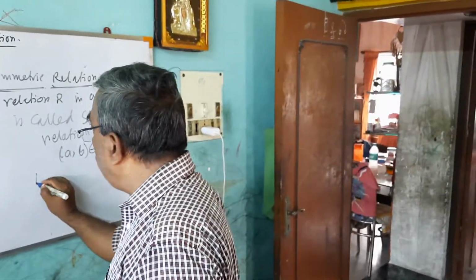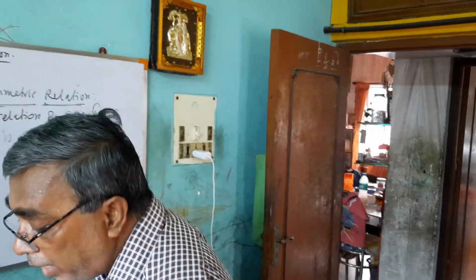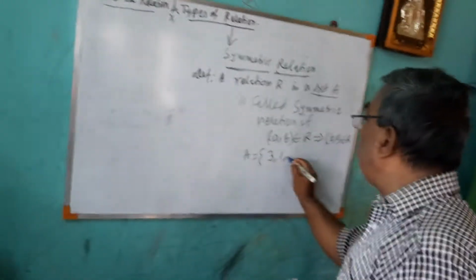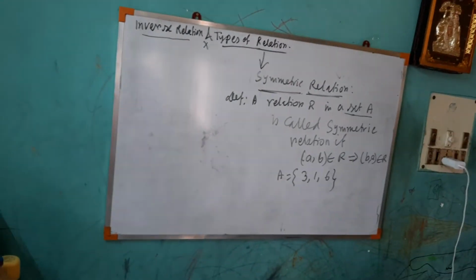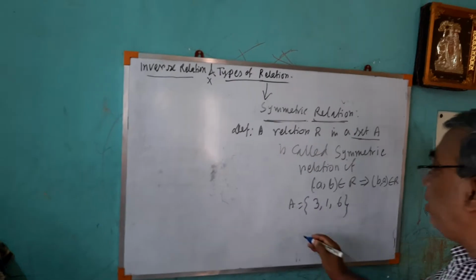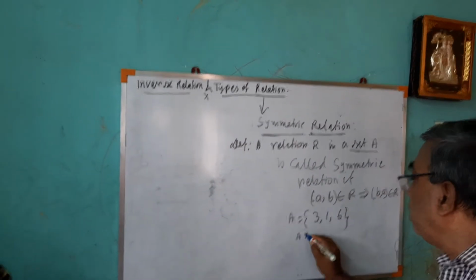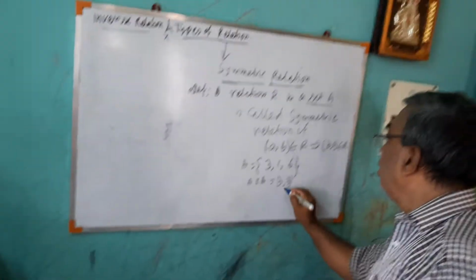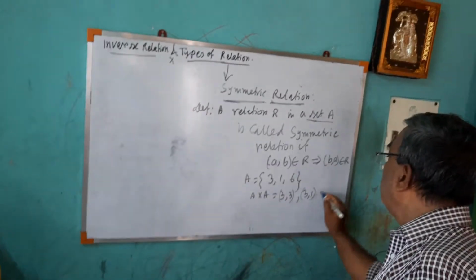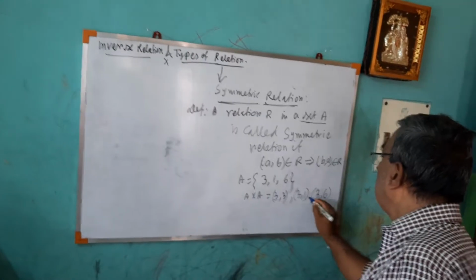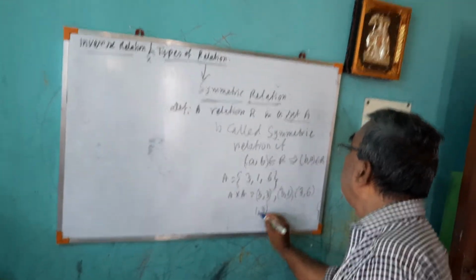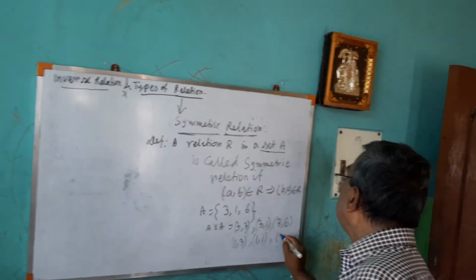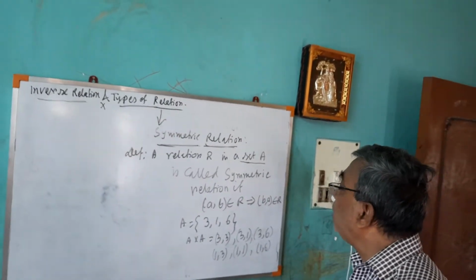Suppose A equals {3, 1, 6}. So what is actually A cross A? A cross A equals (3,3), (3,1), (3,6), then (1,3), (1,1), (1,6), just the Cartesian product.